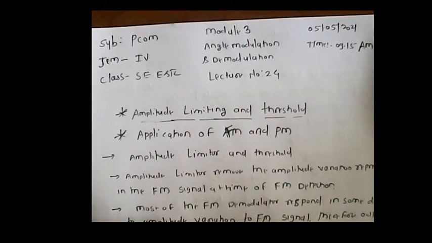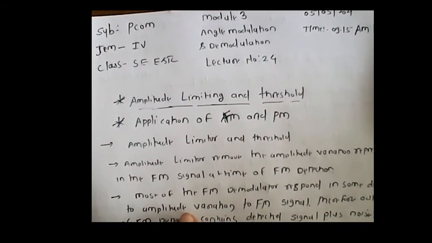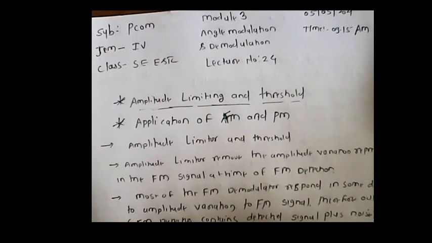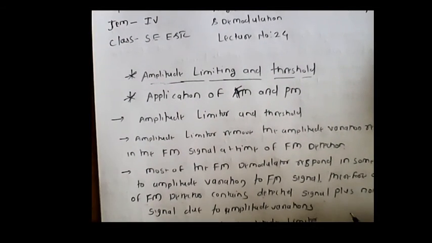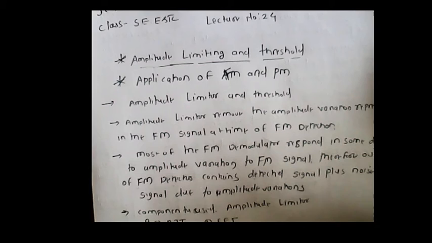Most FM demodulators respond in some degree to amplitude variation of the FM signal. Therefore the output of the FM detector contains the detected signal plus noise. So the main objective of the amplitude limiter and thresholder is to remove the noise and the variation in amplitude of the signal before it is applied to the FM detector.